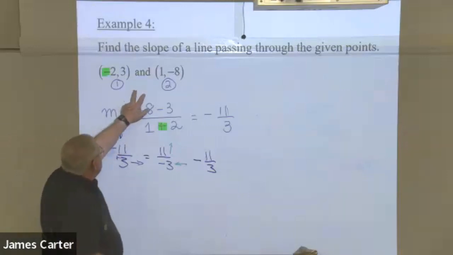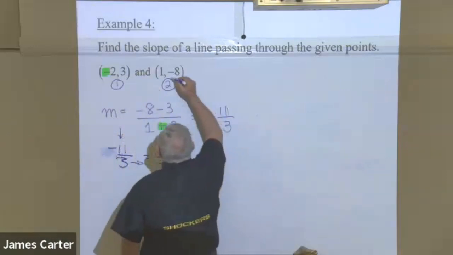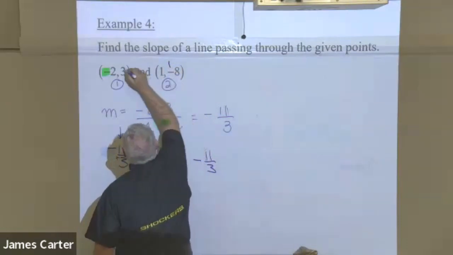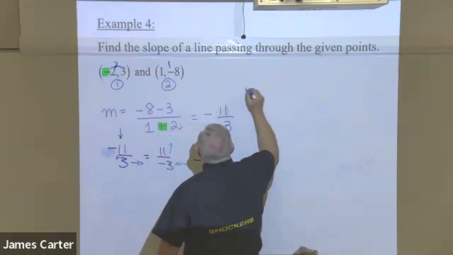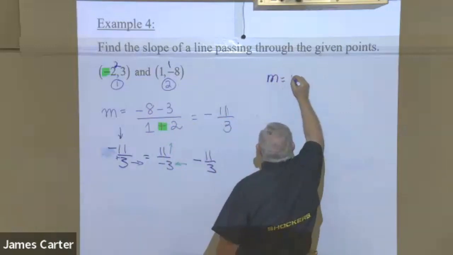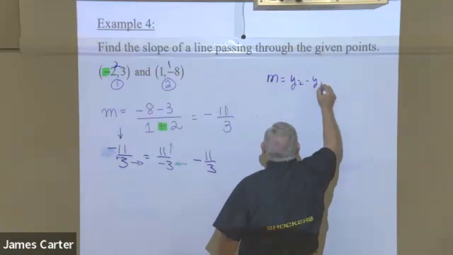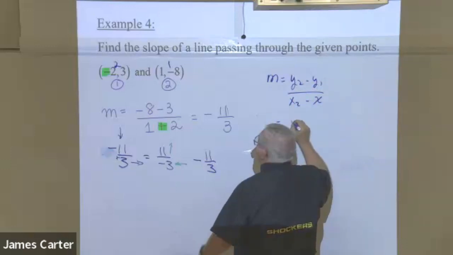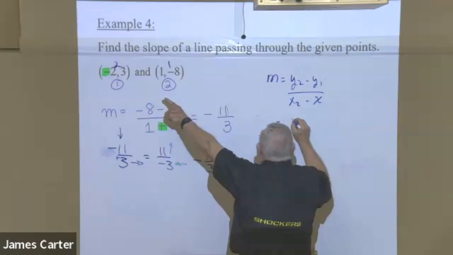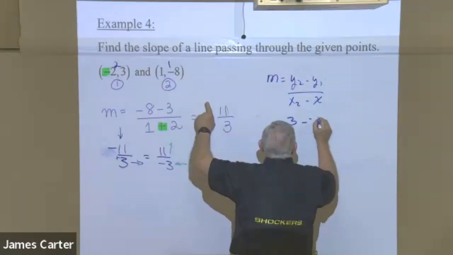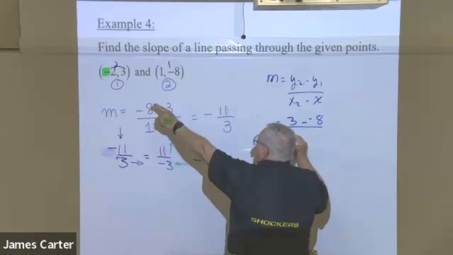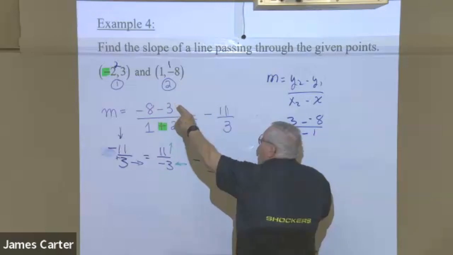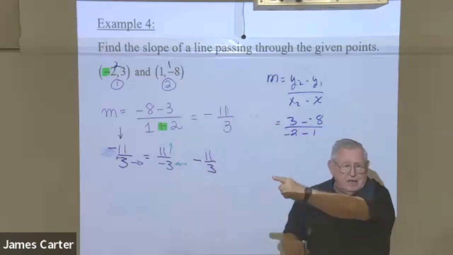Okay. Now, I said it doesn't matter which way you go. What if I call this point 1 and I call this point 2? Well, m equals y2 minus y1 over x2 minus x1. So it equals, in the way I'm going to do it, 3 minus -8 over -2 minus 1. I think it's easier to just go left, right, left, right.